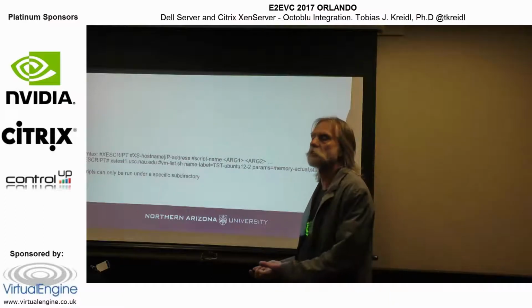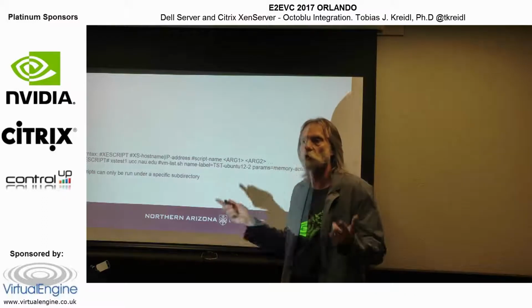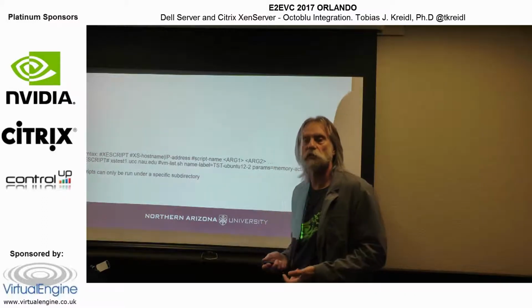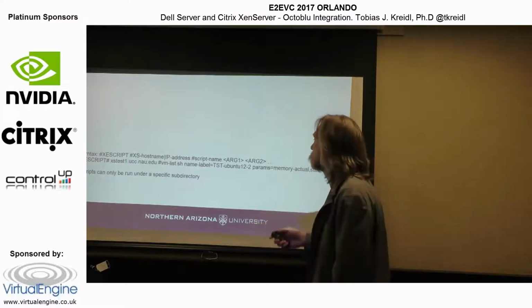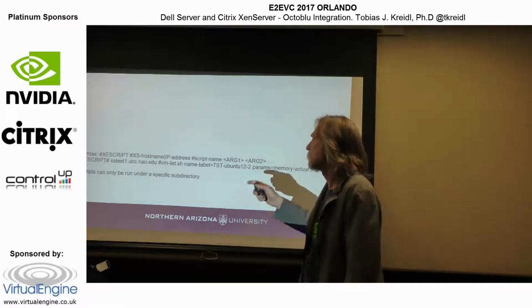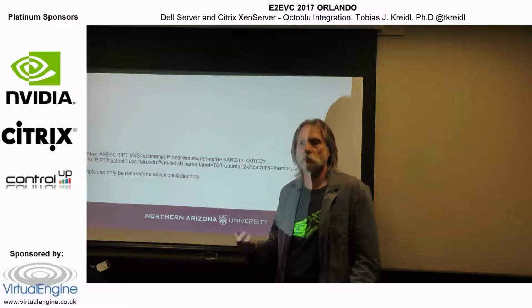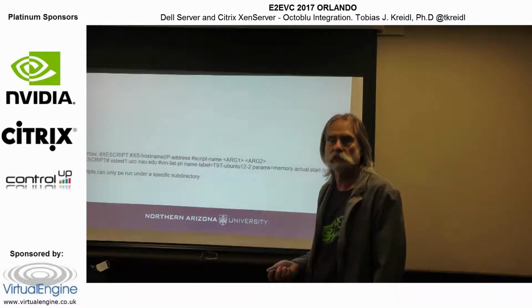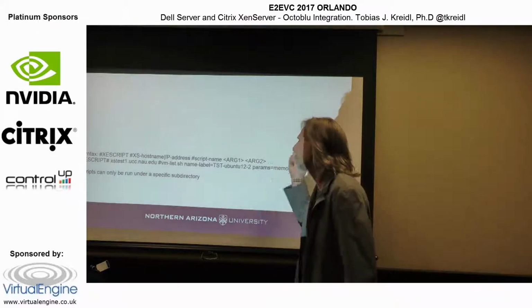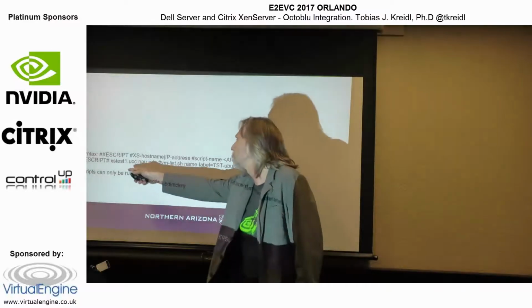And again, because this is all on a common NFS mount point, it's accessible from any of the XenServers that I choose to make available. And then potentially you're going to have multiple arguments because, depending on what the script does, you're going to want to feed additional information to it. So this is just basically a batch script. So here's an example.